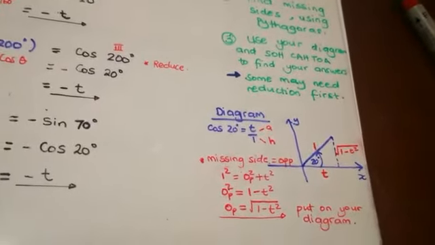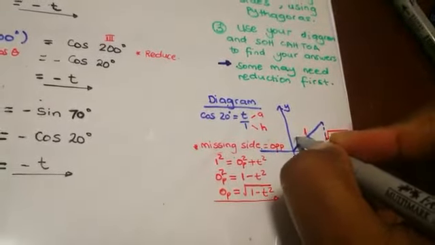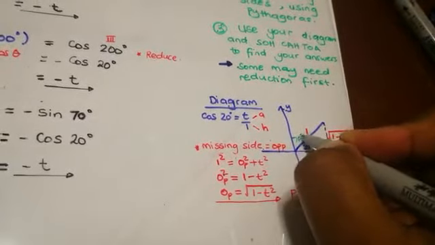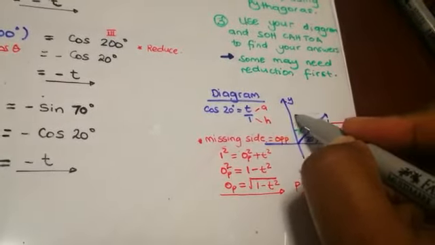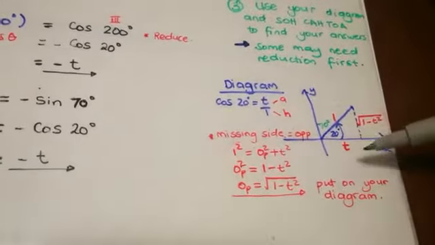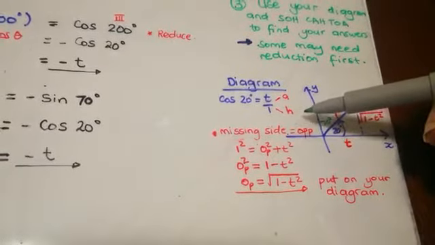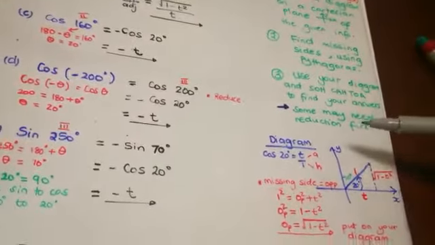So if you want, you can indicate that as your 70 degrees, to form 90, and then you complete the diagram like that. When you complete the diagram, you'll see that this will be your t, and this will be your square root of 1 minus t squared.